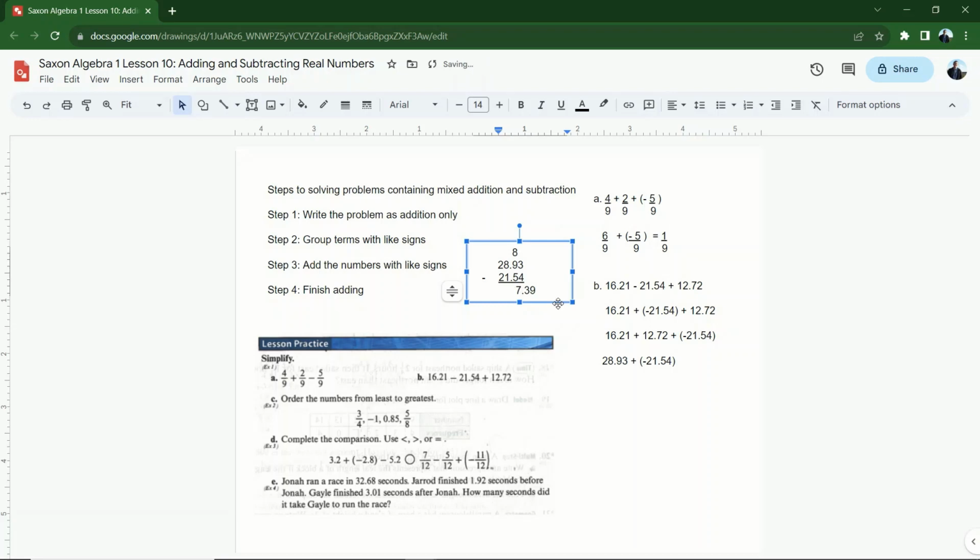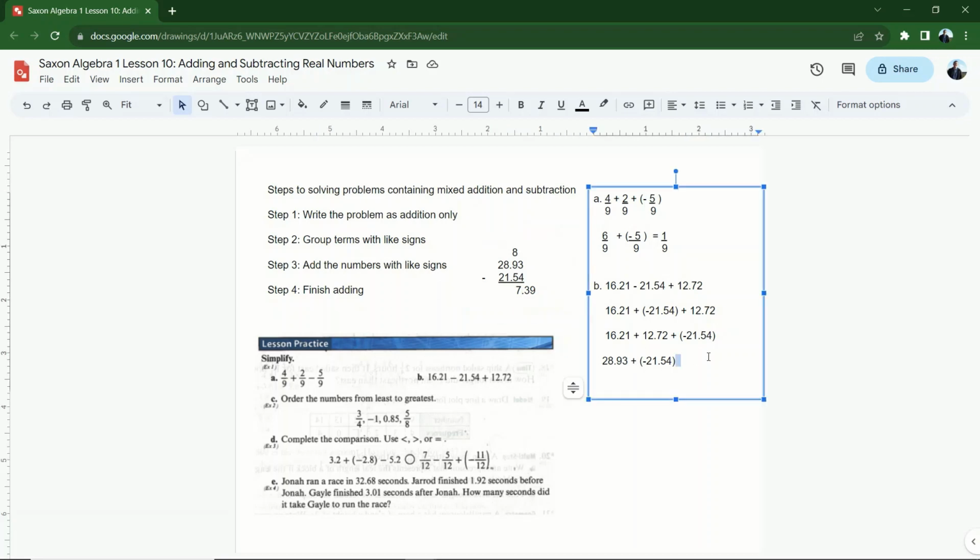And that should be it, 7.39. Let me just double check that for reasonableness. 7.39. Yep, that works. Okay, so my answer here is 7.39, and then I keep the sign of the larger one. And the larger one happens to be the positive one again. So 7.39 is my overall answer for B.